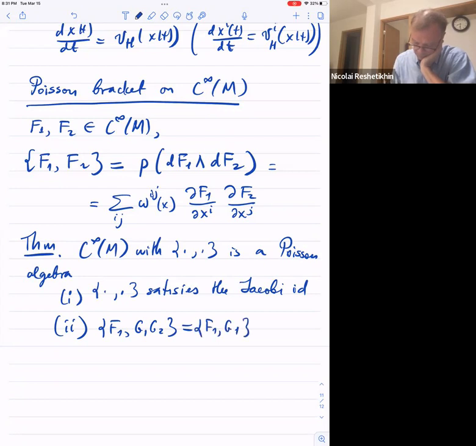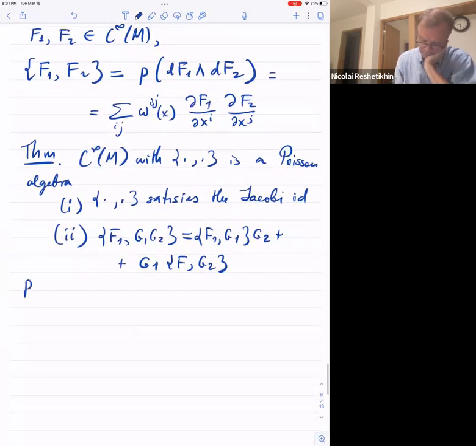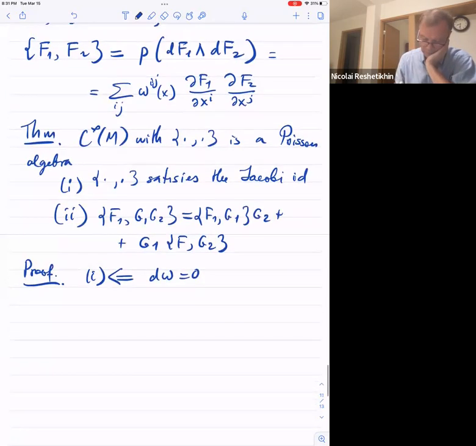In other words, this bracket acts by derivations on the commutative algebra structure. Proof. Again, it's a nice exercise. The first property, the Jacobi identity, follows from the closedness of the symplectic form.